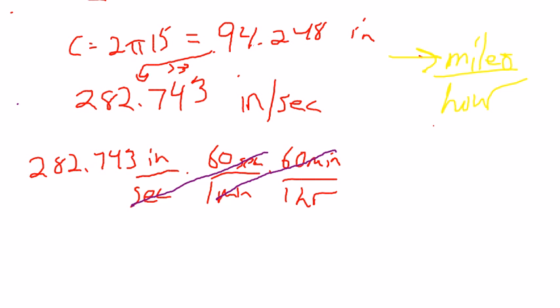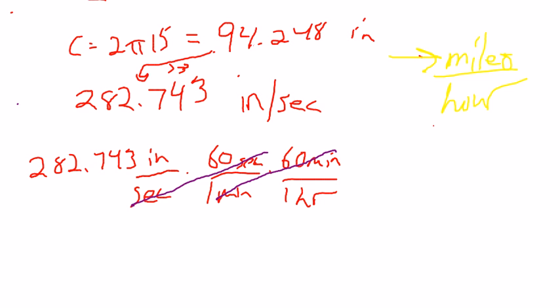If I were to multiply this out, times 60 times 60, then that tells me how many inches it goes in an hour. That number is just beyond 1,000,000, so it'll travel over 1,000,000 inches in an hour.